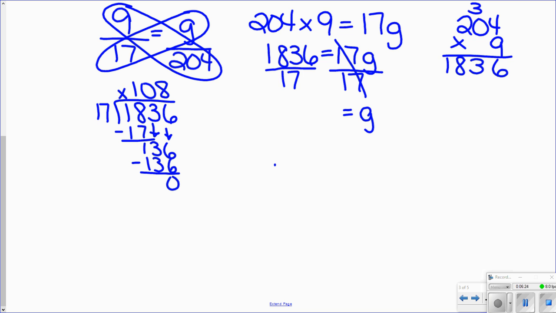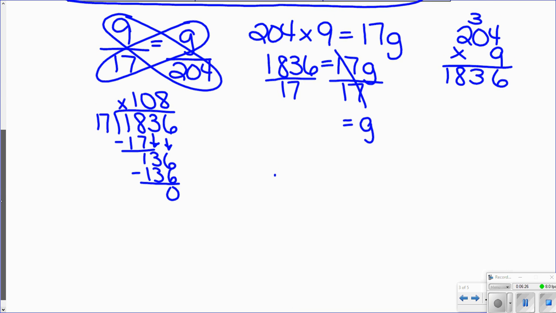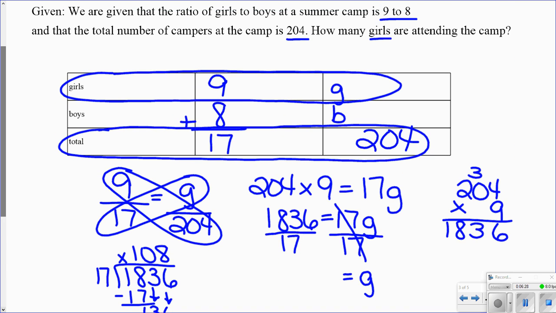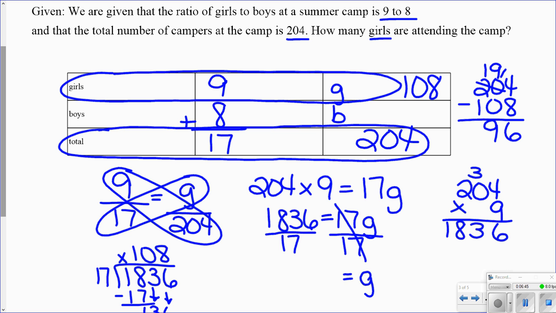And I have 108 girls. Going back up to fill in the table, 108 girls. Again, even though the problem does not ask how many boys, I can find that by subtracting 204 and 108. 14 minus 8 is 6. 9 minus 0 is 9. 96 boys.